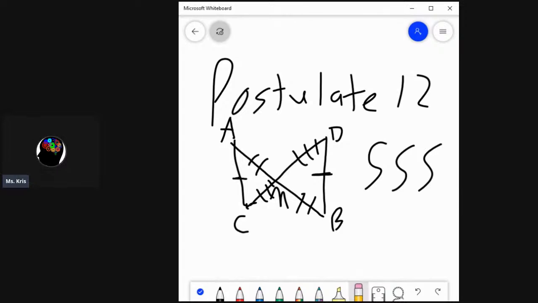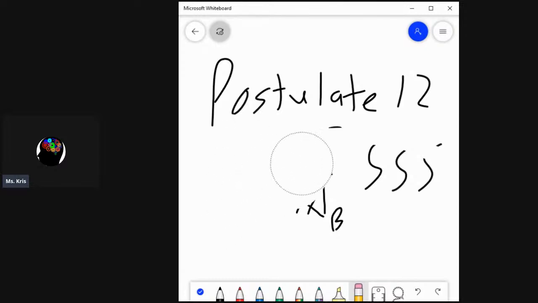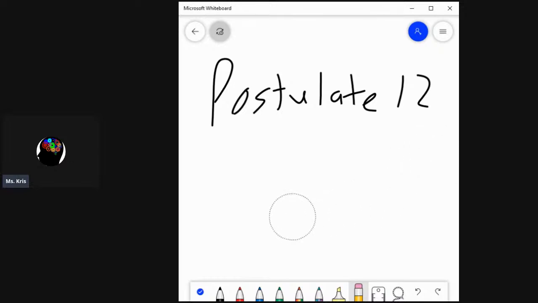So now, my next postulate is based off of side angle side, which states if two sides and the included angle of one triangle are congruent to two sides and the included angle of a second triangle, then the triangles are congruent based off side angle side.